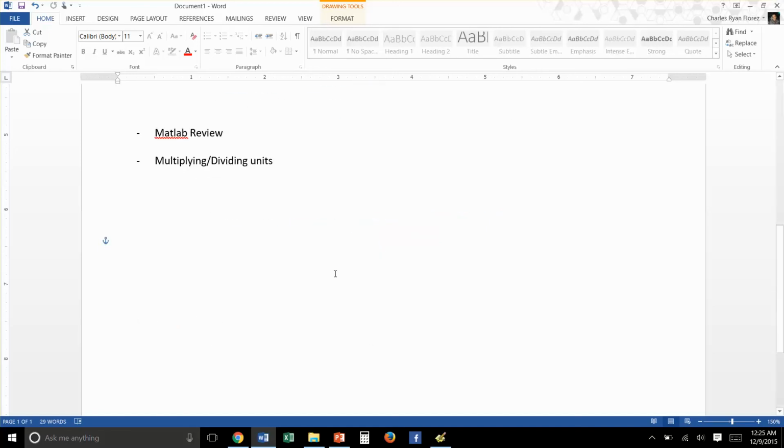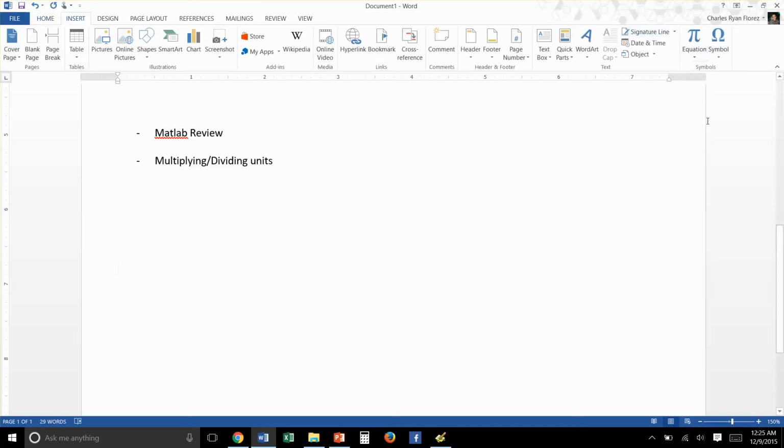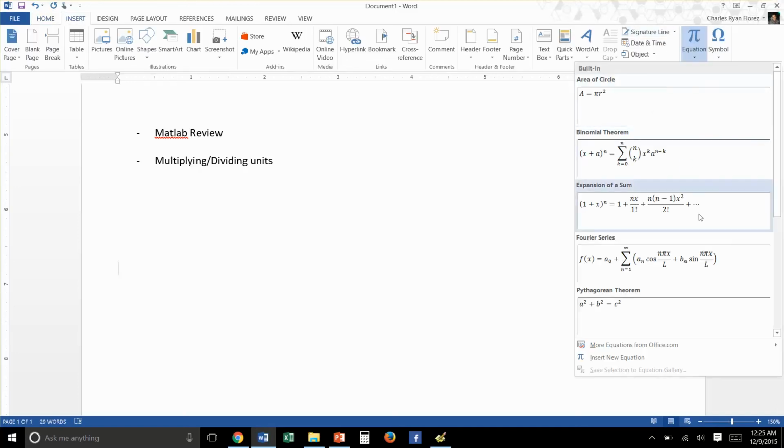So okay, finally, multiplying and dividing units. In I think the second exam, I saw some, you had a number like 5 feet. I'll use the equation tool here.